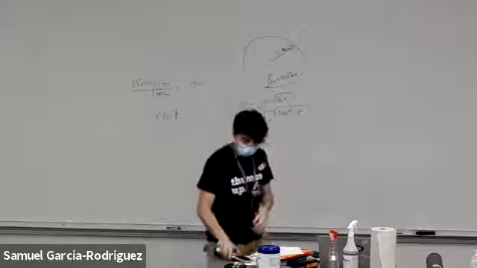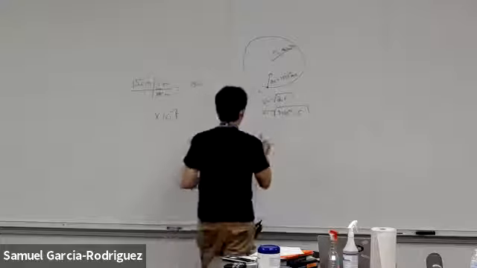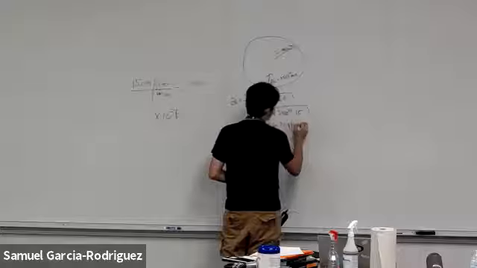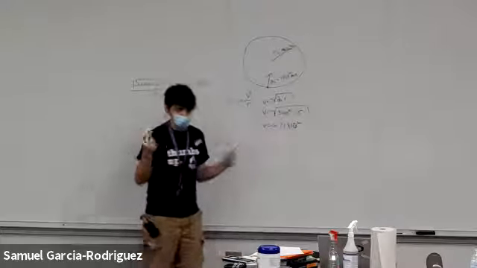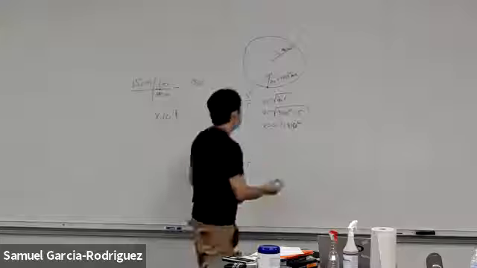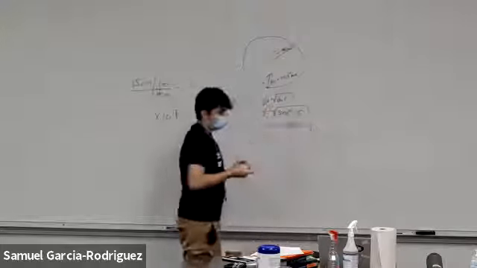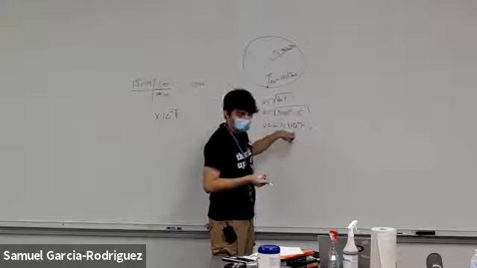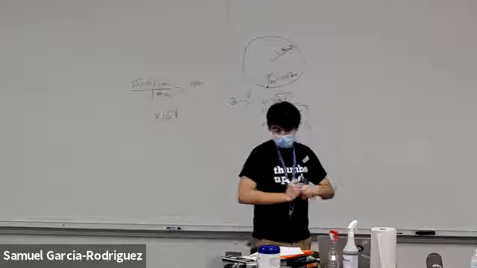Oh, shoot. 6.71 times 10 to the 6th. There's probably a prefix for that, but I don't know it off the top of my head. That's meters per second. You can probably convert it into something else that's whatever times 10 to the 6 is. If you know it, you can put it in.